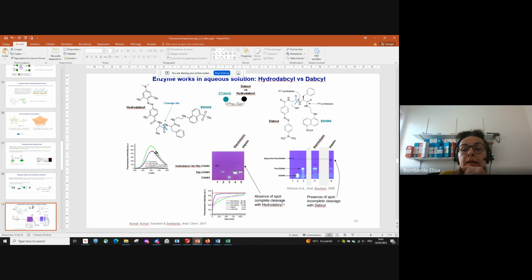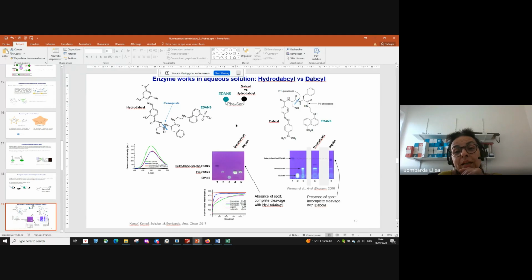And so we were testing this new dark quencher and comparing it to dapsil using this particular substrate, which is specific. That is the cleavage site of thermolysin, which is an enzyme that cleaves between phenylalanine and serine.